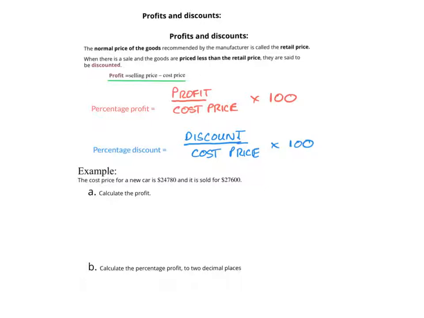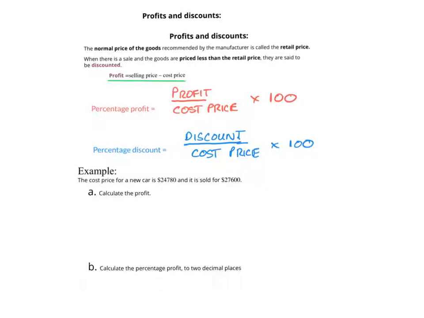Obviously, you have to sell it for more than what you bought it for to make a profit. And so therefore, if you wanted to work out the percentage profit or the percentage discount, if it was a profit, you put it over the original amount, times it by 100, or if it was a discount, you put the discount over the original amount and times it by 100.